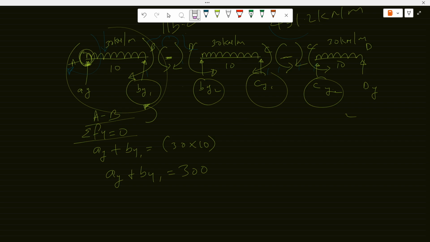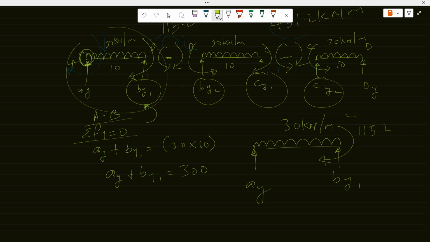This is member AB, a UDL, and a moment of 115.2, and this is BY1, this is AY, and 30. You can see, guys, how straightforward it is.